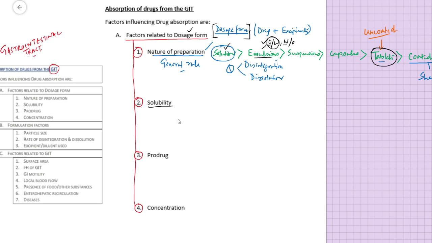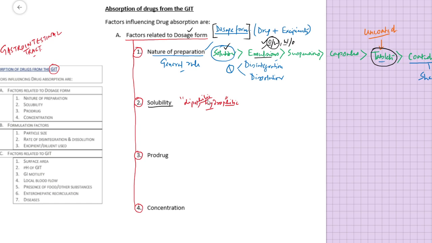Now, for a drug to be absorbed, it should be lipophilic as well as hydrophilic. Ideally, a drug should have both these properties, meaning lipid-loving and water-loving.